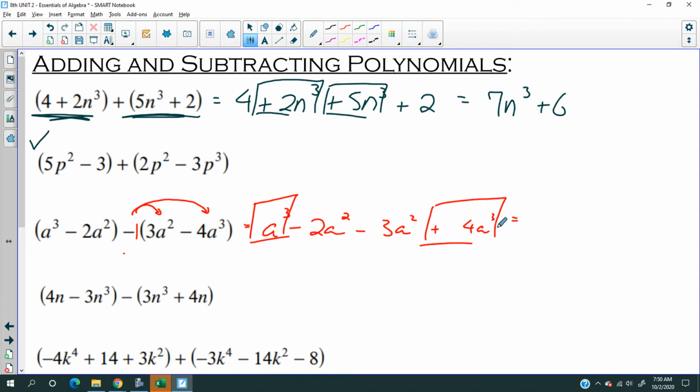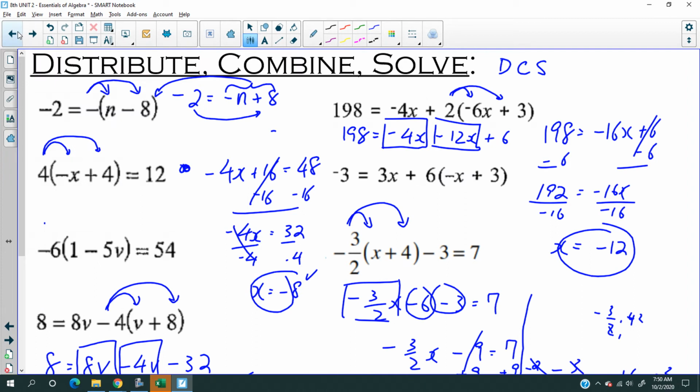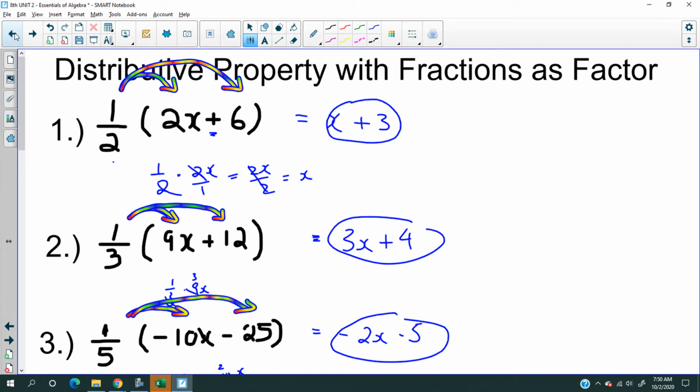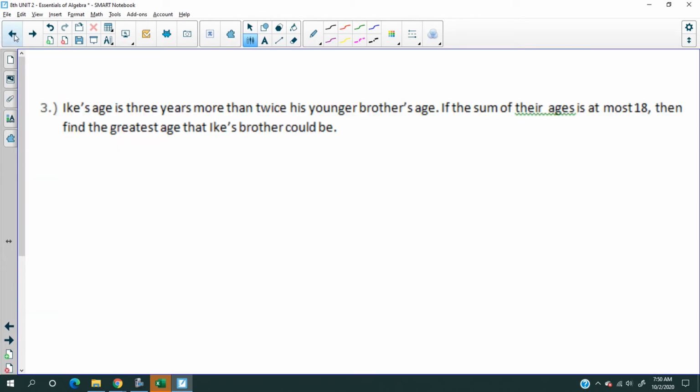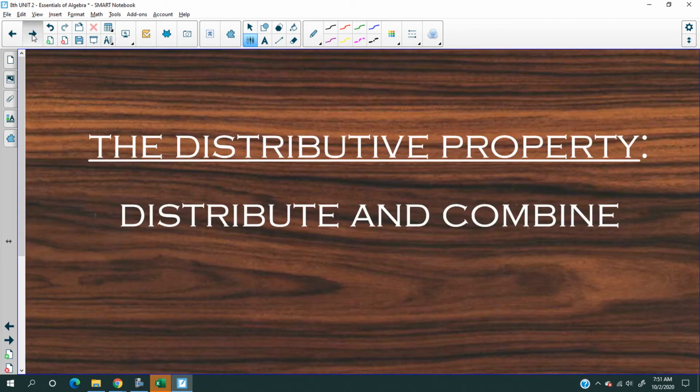I hope you can appreciate the slight differences between combining like terms and this. With combining like terms, I'm just giving you a bunch of terms on their own, and you have to find like terms and combine them.